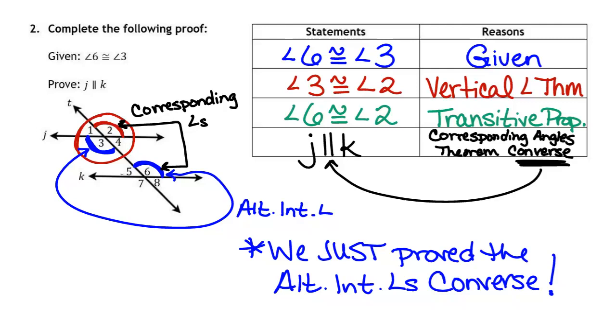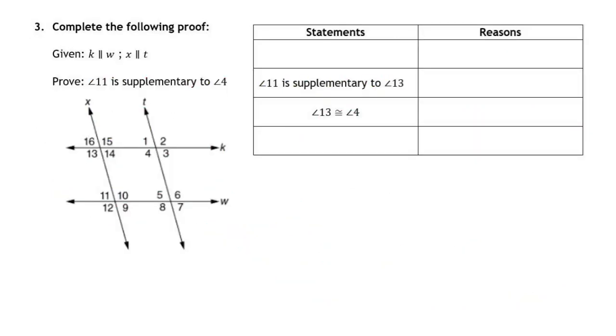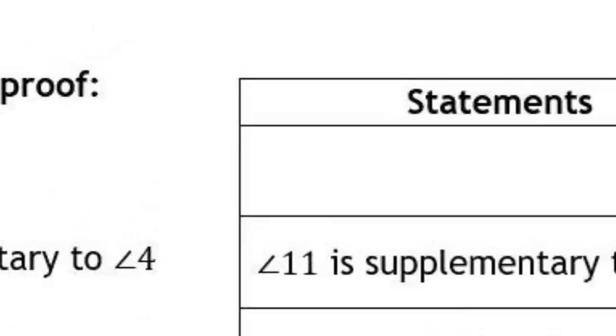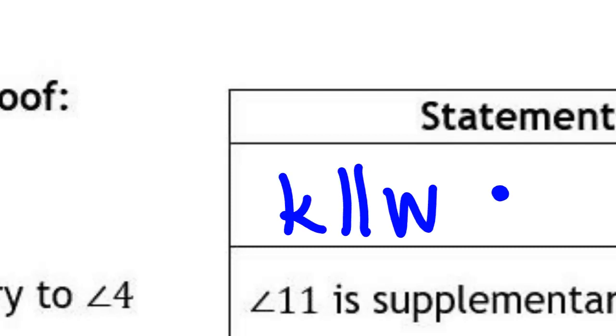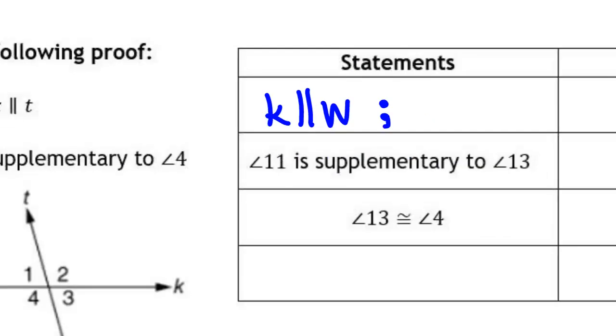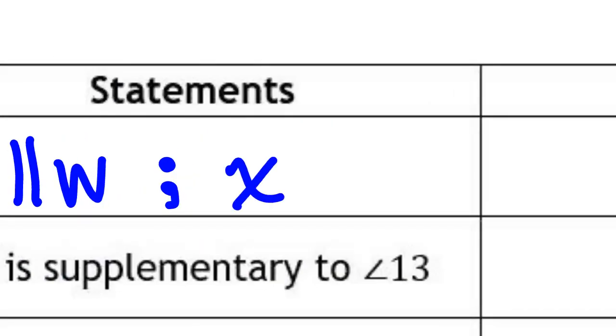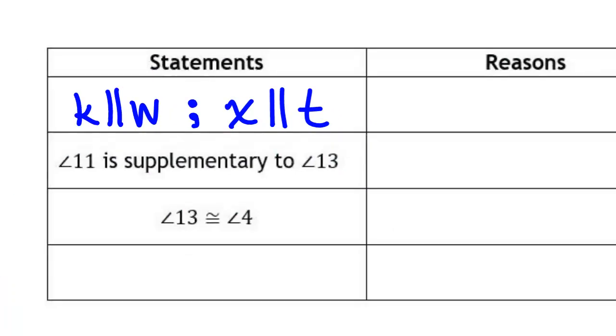Let's go look at number 3. Do I start off by knowing that angles are congruent in number 3? They start off by telling me about parallel lines. Let's write that in as our first statement. Line K is parallel to line W. Line X is parallel to line T. And why am I allowed to say that?